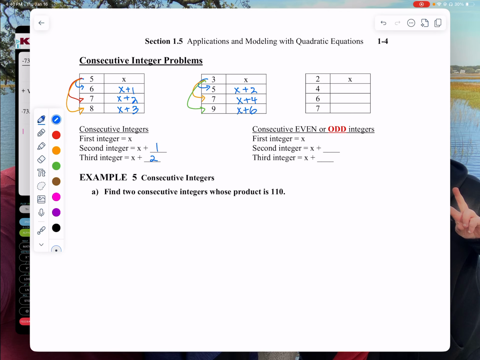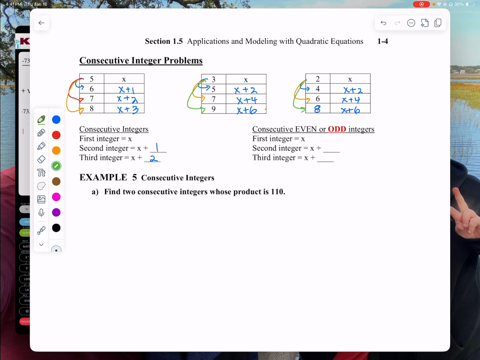Okay, let's do even. From 2 to 4, we're going to add 2. From 2 to 6, we're going to add 4. From 2 to 8, what are we going to add? 6.